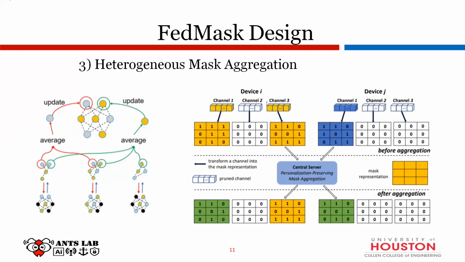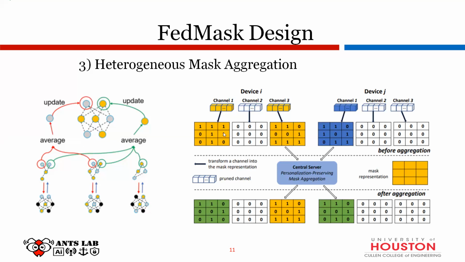In channel 1, indeed, device I and device J both overlap with each other, so they will update it to the green mask here. As you can see, this is pretty much an AND relationship. If the yellow one and the blue one are both ones, it results in ones in a new mask.